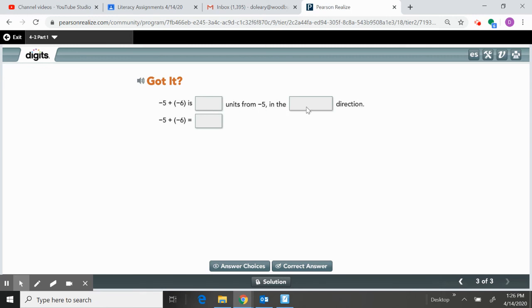In what direction, positive or negative? Negative direction. So my answer choices: well, we know it's 6 units in the negative direction, so it should put me at negative 11. Negative 5 and a negative 6 puts me at negative 11.